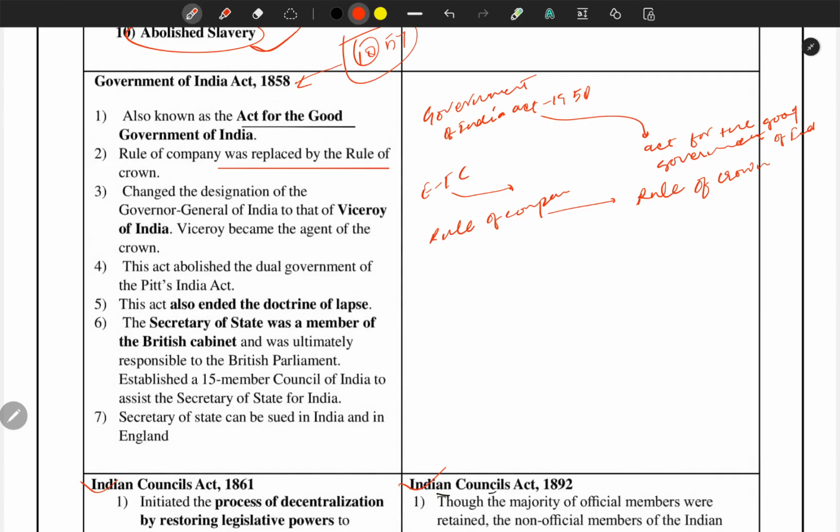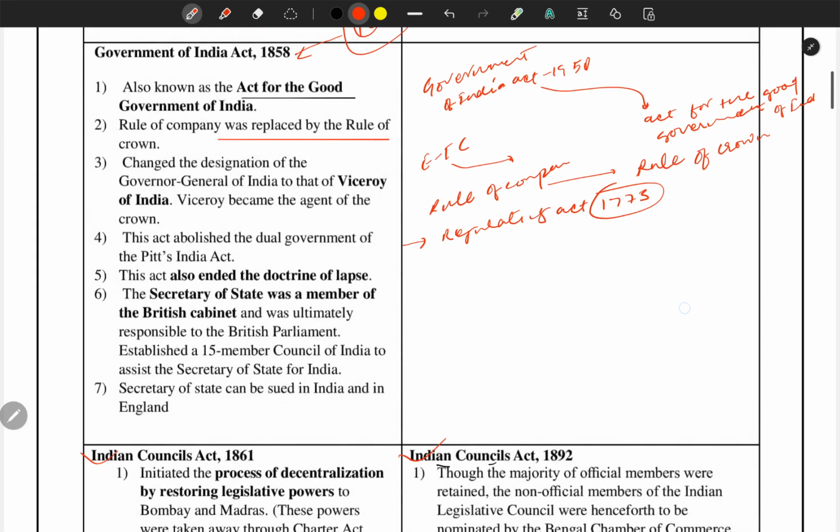And listen, in the Regulating Act of 1773, we talked about the Governor General.